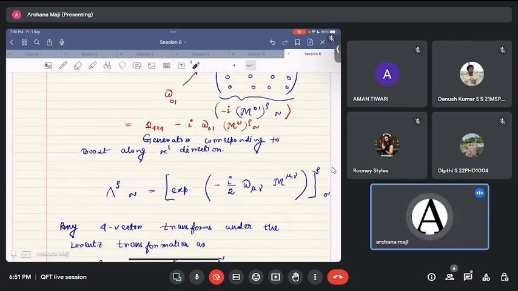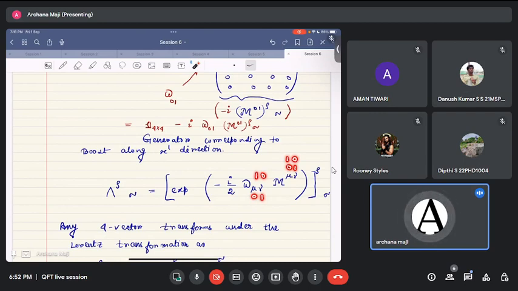Notice one more thing: why is there a factor of 2? Because omega mu nu is antisymmetric under the exchange of mu and nu indices. If you expand it, you will get minus I over 2 omega mu nu M mu nu. Remember, mu nu is antisymmetric for this omega as well as for this M. So omega 01 M01 is the same as omega 10 M10.